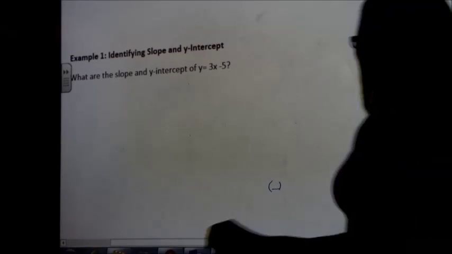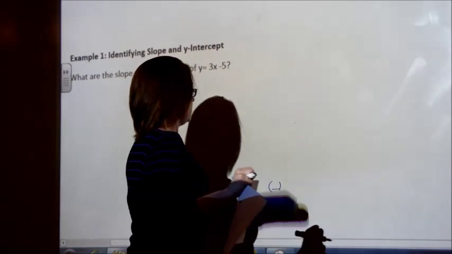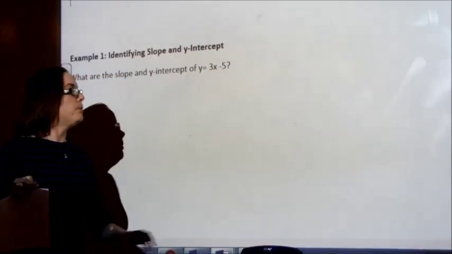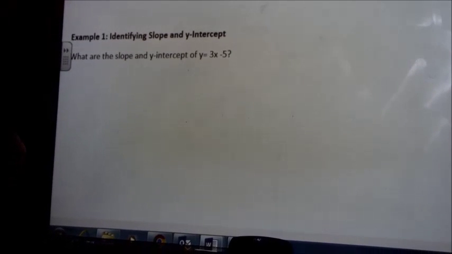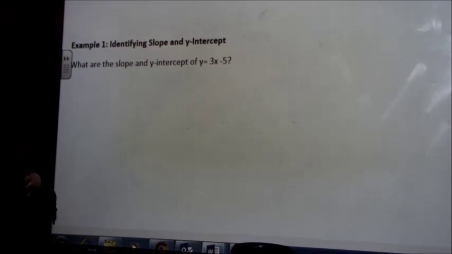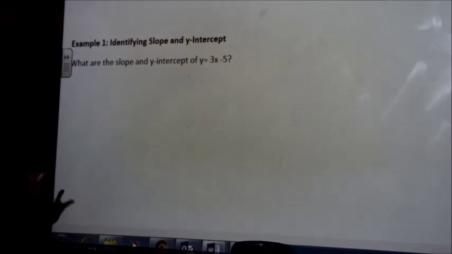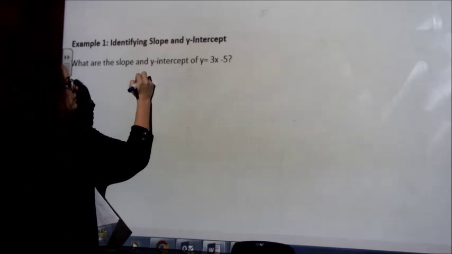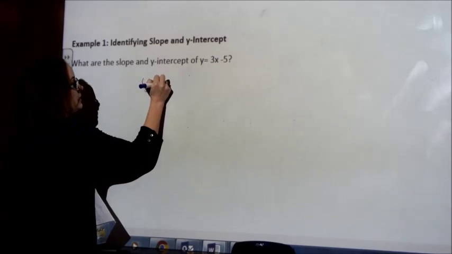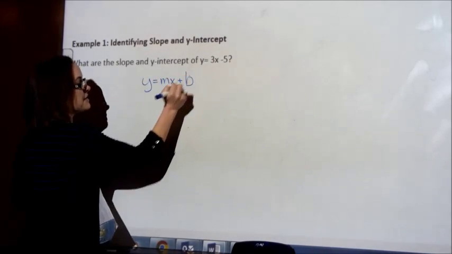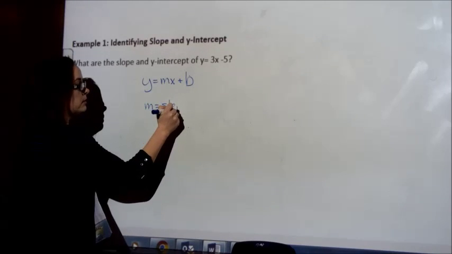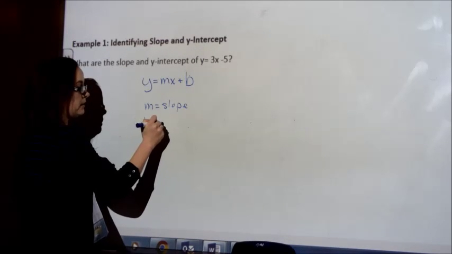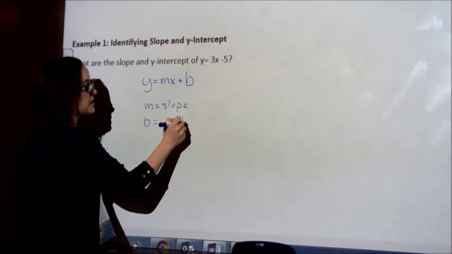Okay. So for example 1, identify slope and y-intercept. So what is the slope and y-intercept of y equals 3x minus 5? And again, we're going to use the equation y equals mx plus b, where m is slope and b is our y-intercept.